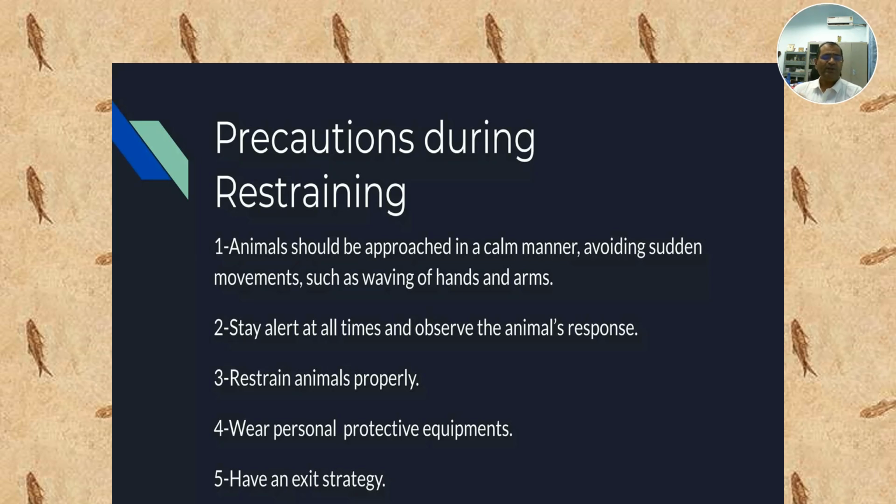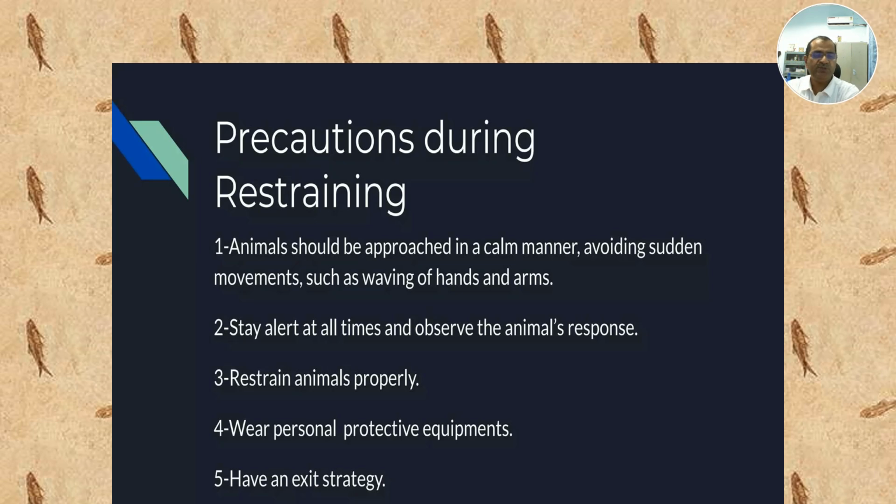And what are the precautions while we are restraining the animals? We need to take certain precautions while restraining the animals, and if you suddenly handle the animals without any proper precautions, then once again it itself is a dangerous thing.